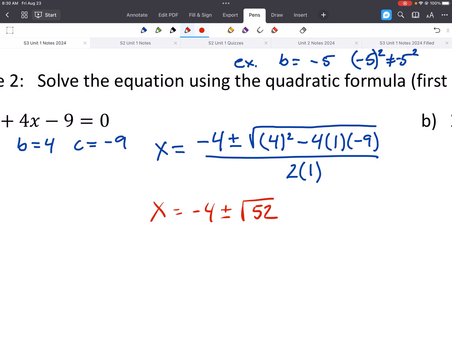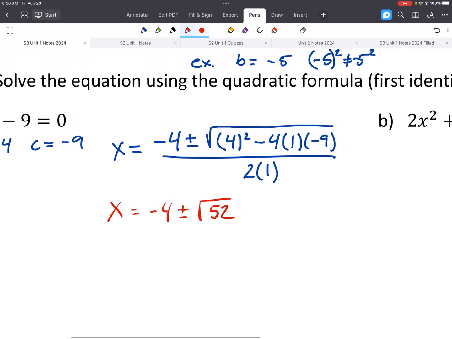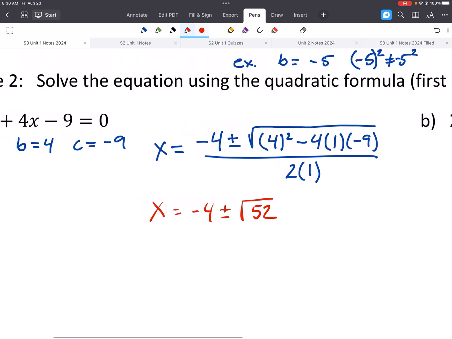If you get something like the discriminant is 16, well, now you know what the square root of 16 is. That's going to give you a really nice answer. So your two solutions will be rational, meaning no roots left, okay? And then if the discriminant is 0, then we don't have the plus or minus part, right?